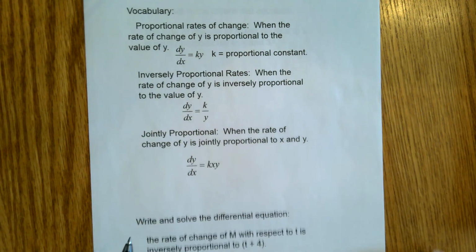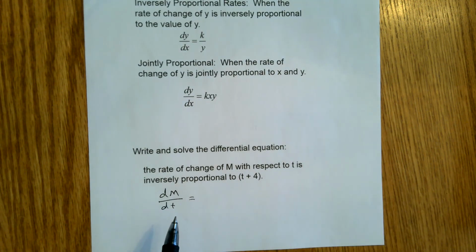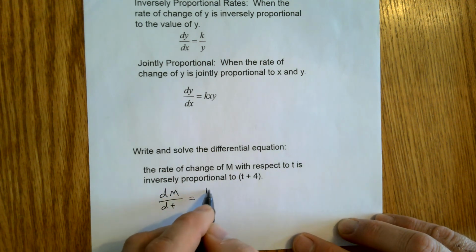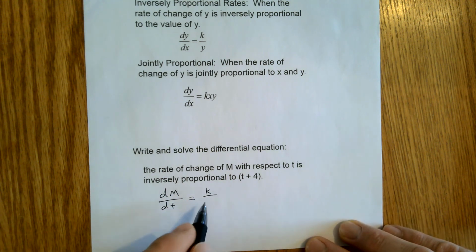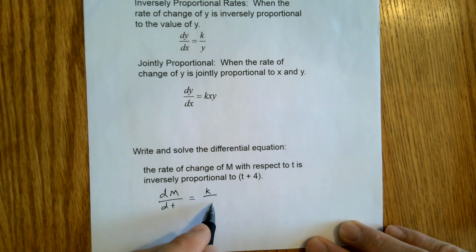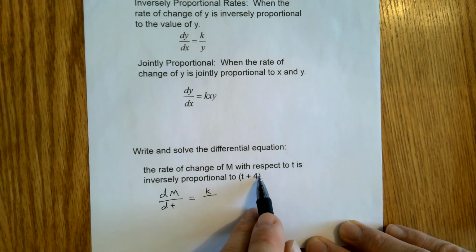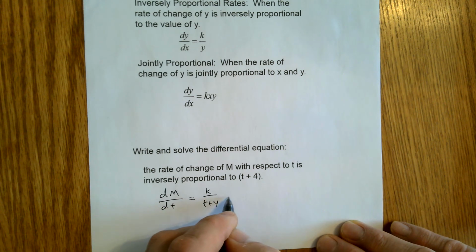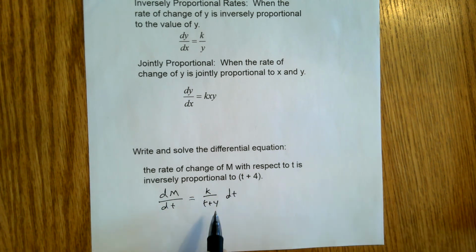In this case, if we come back down here, we know that our equation is going to be k over, well, we're not proportional to y anymore, we're proportional to t plus 4. So our t plus 4 is going to be our denominator, and it's going to be dt, since our variable is t.